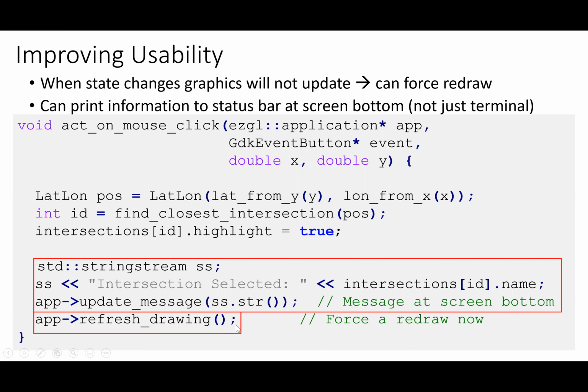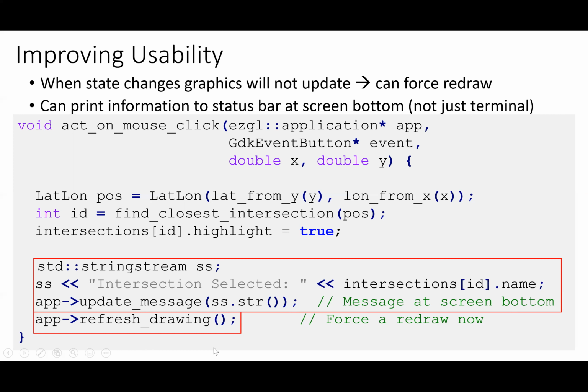So it's going to be pretty common that in your mouse or possibly keyboard callbacks you'd say, trigger a redraw, because now I've updated some state and I want you to make sure the screen's up to date. And that's really easy to do. That's why we pass this application pointer, or part of the reason why we pass this application pointer into your mouse callback, because you can use it to make calls into EasyGL like refresh drawing.